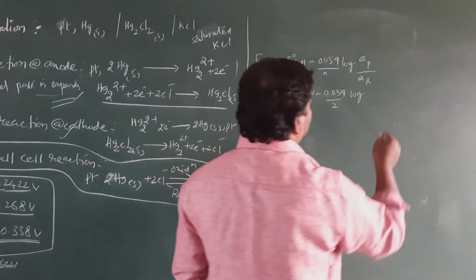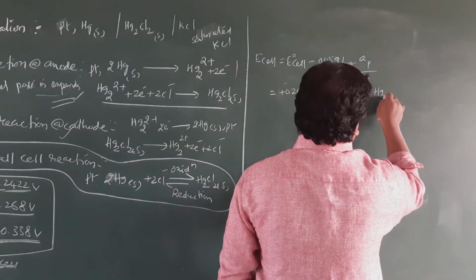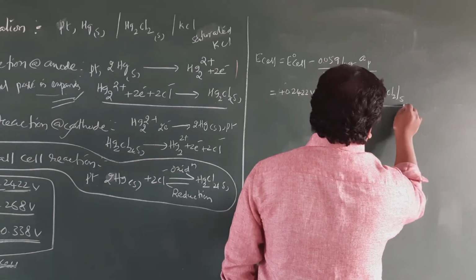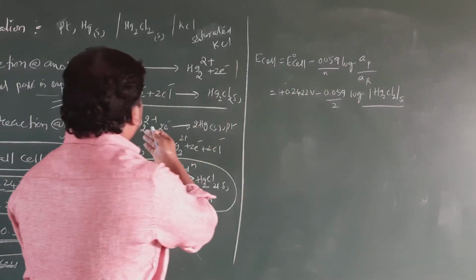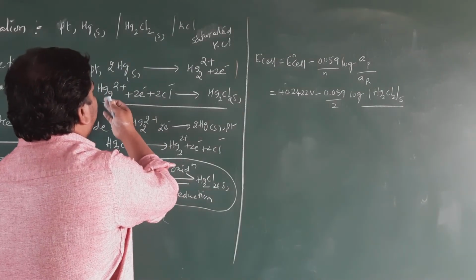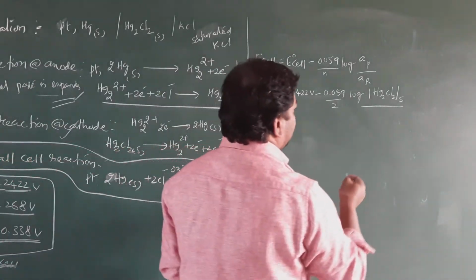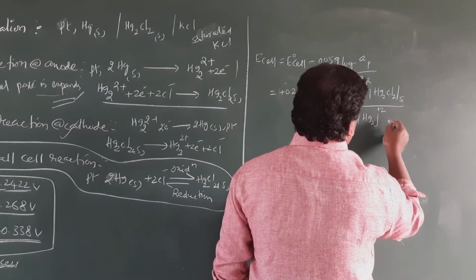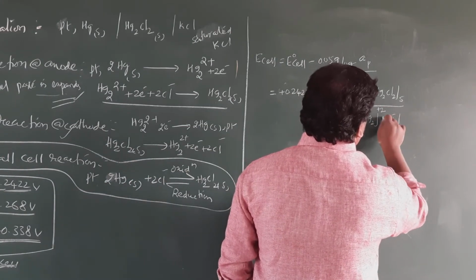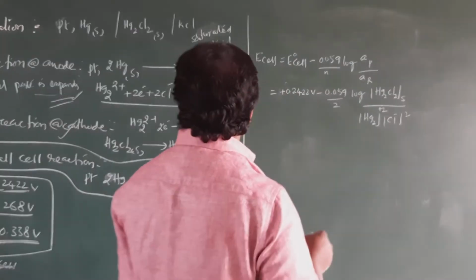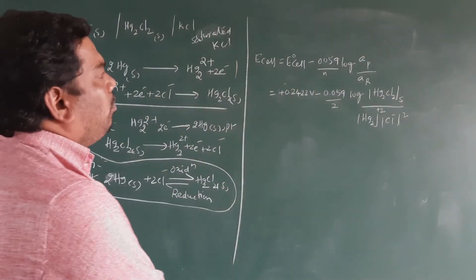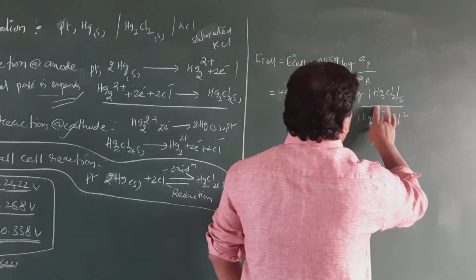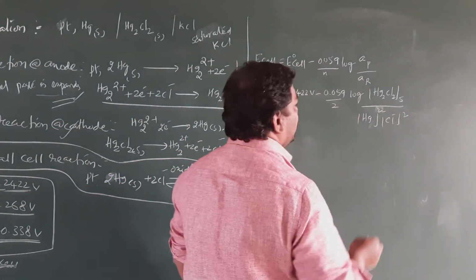So here the activity of products is Hg2Cl2 into Hg, divided by the activity of reactants, Cl minus whole square. Clear? Here Hg and Hg2Cl2 are in the solid phase.